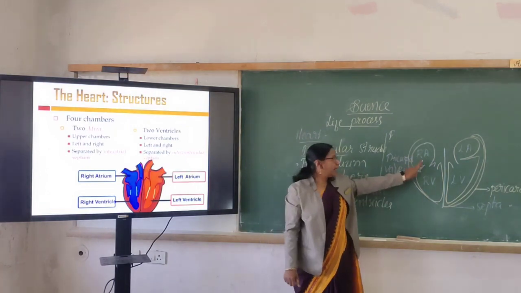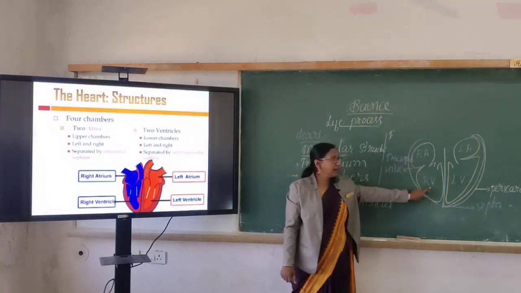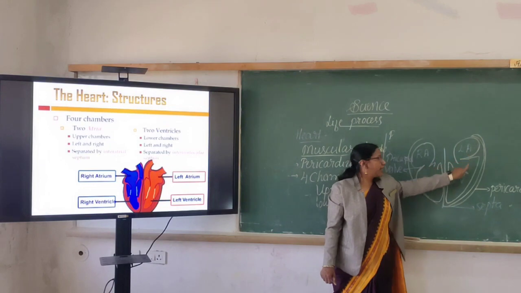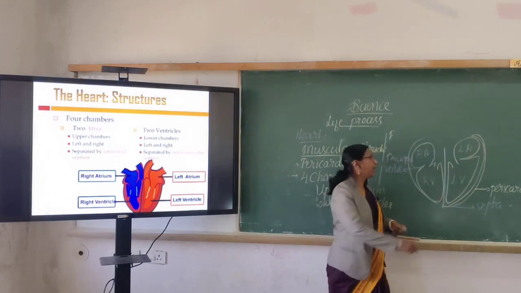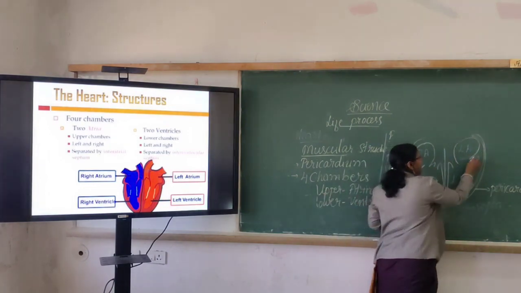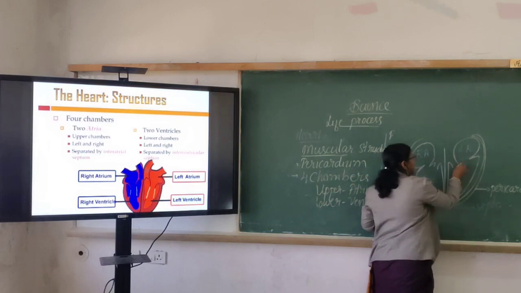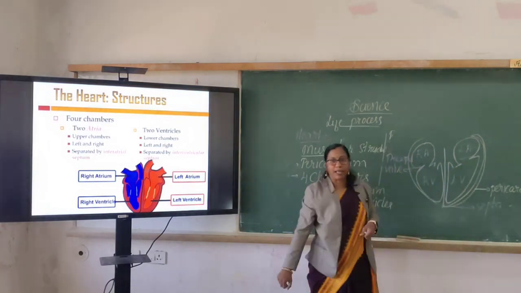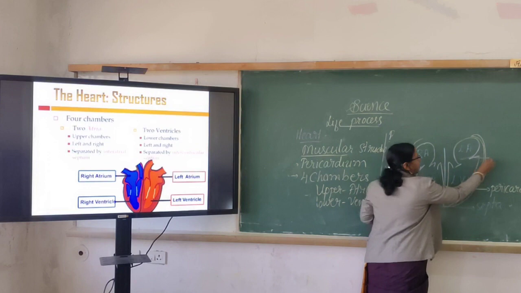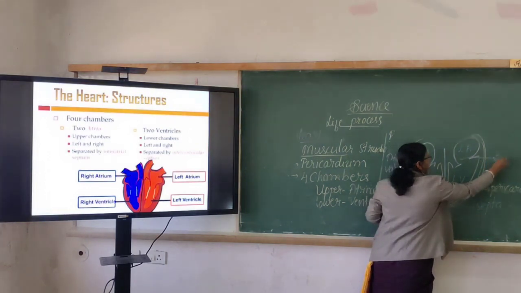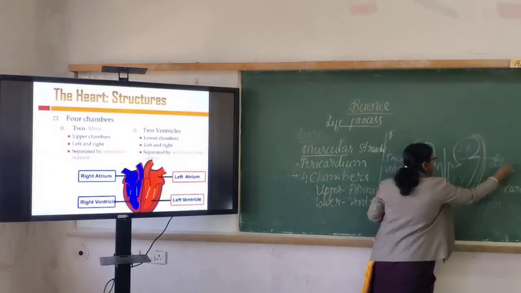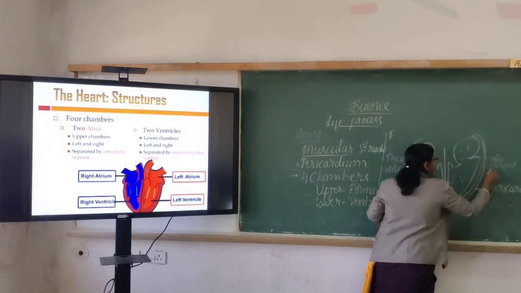The tricuspid valve separates the right atrium from the right ventricle, and the left atrium and left ventricle are separated by the bicuspid valve. Tricuspid valve and bicuspid valve.